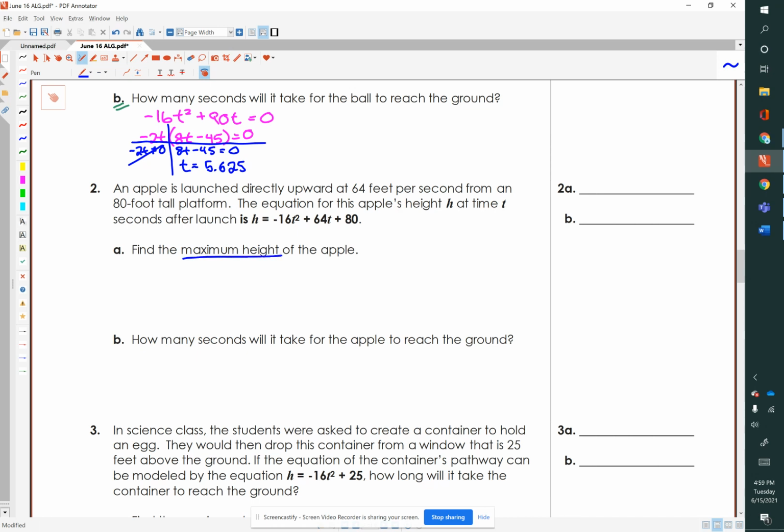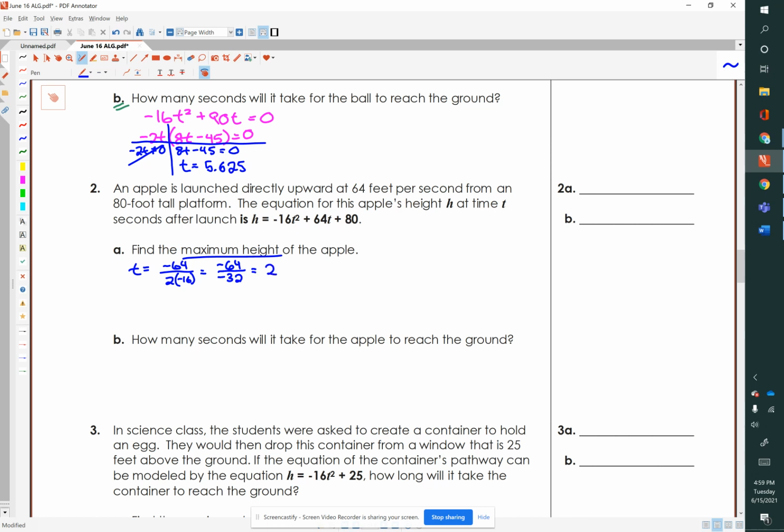So we're going to have to use the formula for axis of symmetry. t equals negative b divided by 2a. So our b is 64, so negative 64 divided by 2 times negative 16, which will simplify to negative 64 over negative 32, which simplifies to 2.